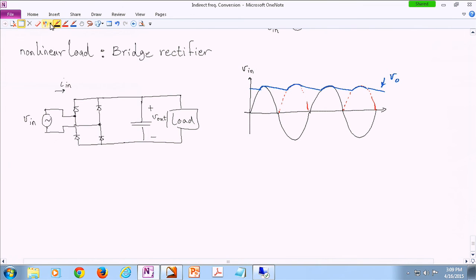Looking at the input current, remember, in the end, we care about the input current. There are a bunch of equations involved, but your input current, actually, you're drawing power only from this point to this point.